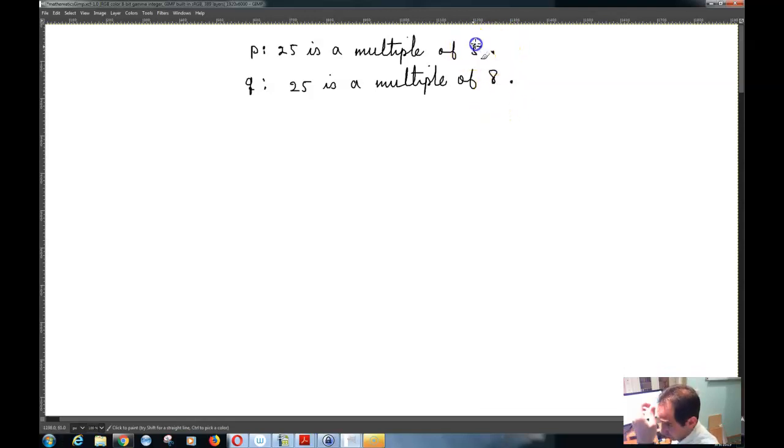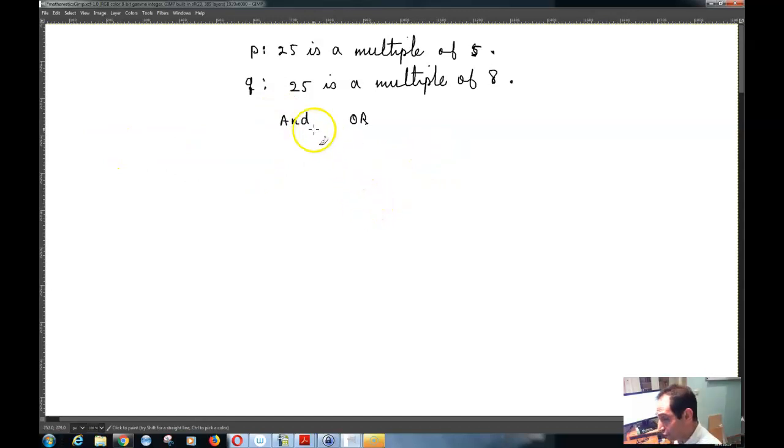Of course you know that the statement Q is not true, but now we can connect them using and or. Out of these two statements, you want to make a compound statement, so you get two sentences.